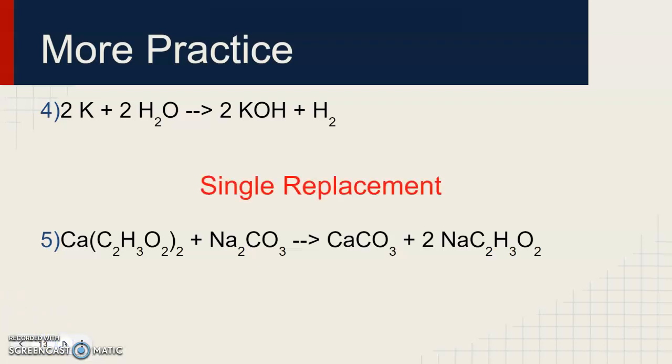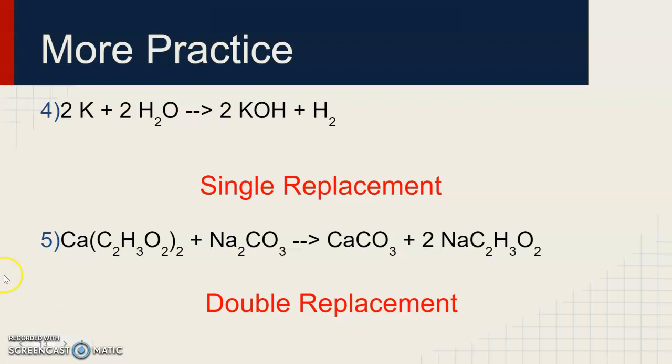All right, this first one is a single replacement reaction. So if we look here, the potassium is going to be replacing one of the hydrogens and switching around, so we just have 1 single replacement, and we're leaving hydrogen gas by himself, so that is a single replacement. And then our next one is a double replacement.